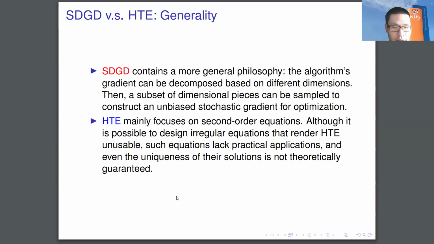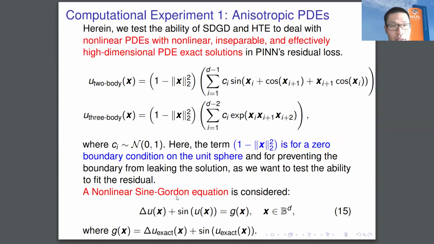It's a very general philosophy, but Hutchinson trace estimation is mainly for second-order parabolic equations. So it's general enough, but it's designed for this kind of second-order parabolic equation. Also, it can cover a lot of interesting cases. So I will go to some computational experiments.